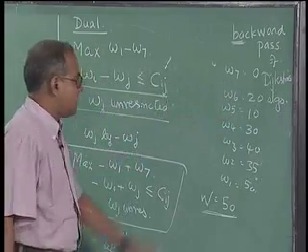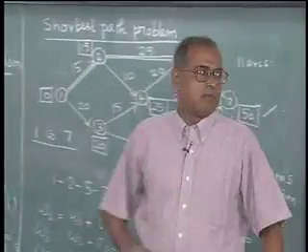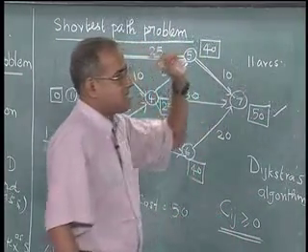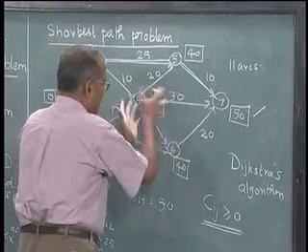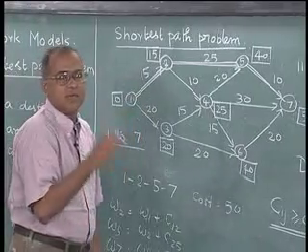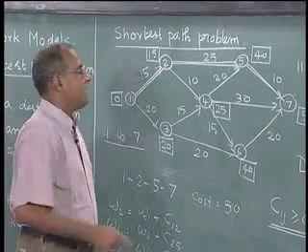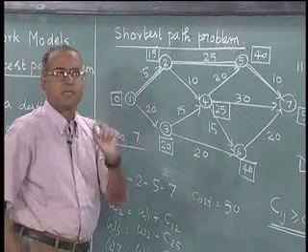We also showed that there is a relationship between this label and this label, both of them, while this represented the forward pass, that represented the backward pass, and we also said the underlying idea is to keep Wi minus Wj less than or equal to Cij, and then try to keep it as small as possible.